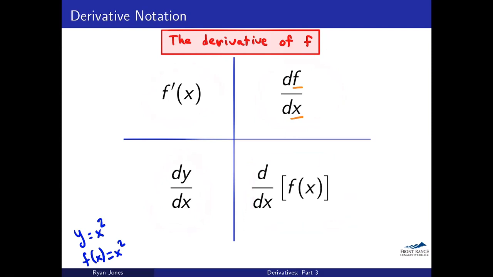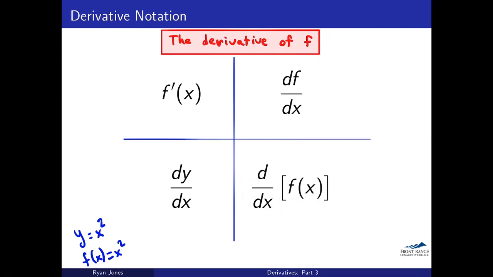And even with one more, there are certain scenarios where we like to write probably the most cumbersome of them all, the most handwriting at least, and that's verbally said d dx of f of x, a derivative of f of x. And sometimes that's useful. We'll see where each of these are more useful than others. You'll notice that I'll use all of them in different scenarios.